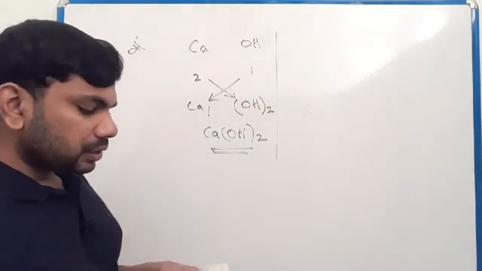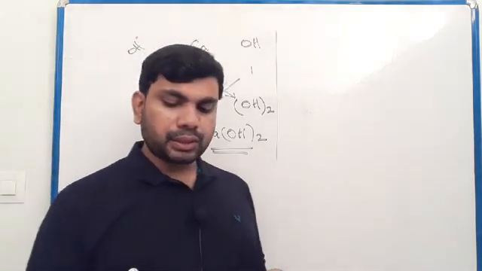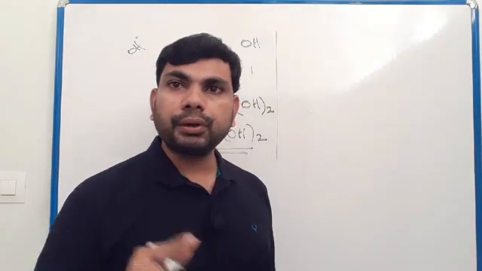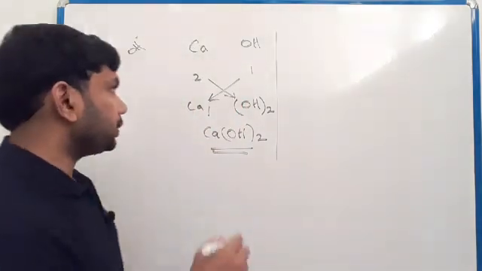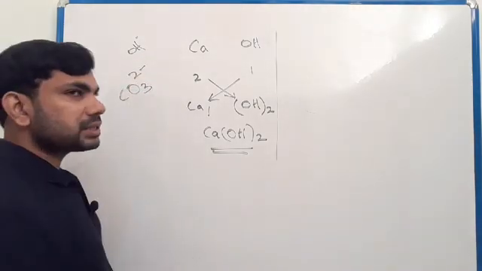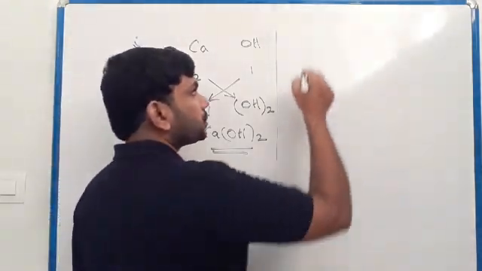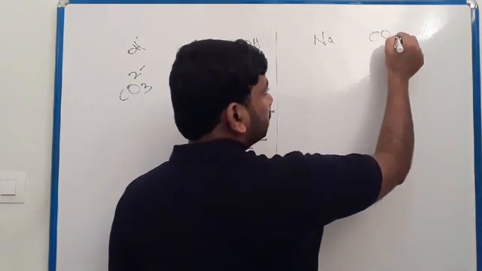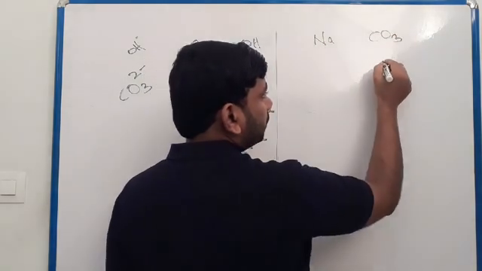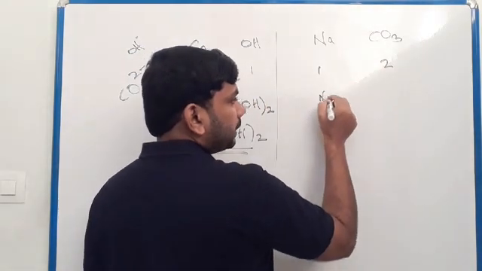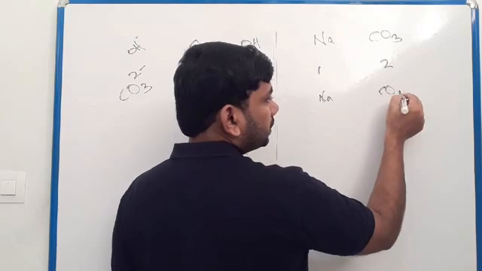Next one here, sodium carbonate. Carbonate means CO3 2 minus. So write here 2. Sodium +1. Write the symbols again, sodium and carbonate.